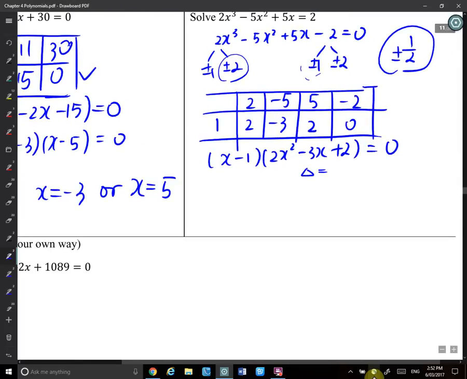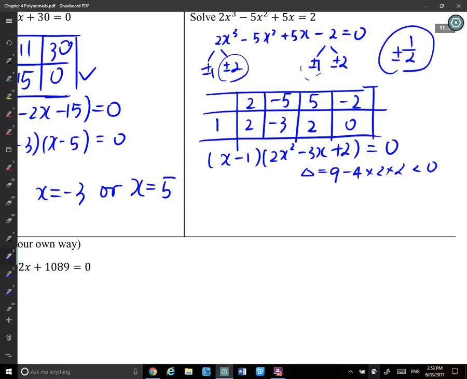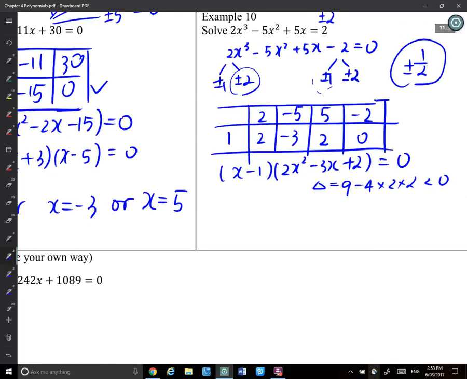So the discriminant for this is 9 minus 4 times 2 times 2, which is smaller than 0. And you cannot find any values here.